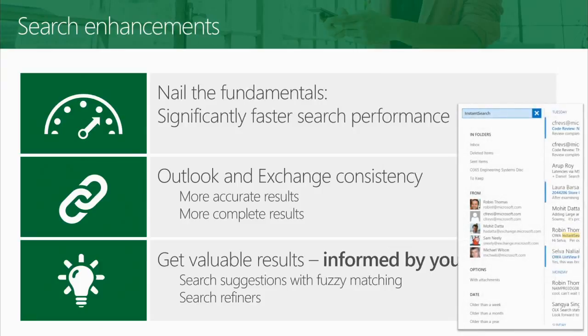We've also added support for intelligent search refiners. That is, a way to filter and scope down the query and get really quick results, showing the content in your mailbox that essentially pares down things to the most relevant to you. So what you'll see are the top N folders, top 5 folders with content that match the query, the top N users or mailboxes or source email addresses that match the query, with or without attachments, and date range.